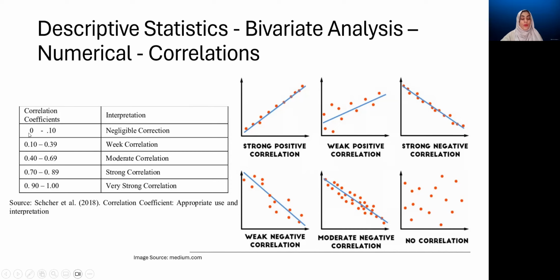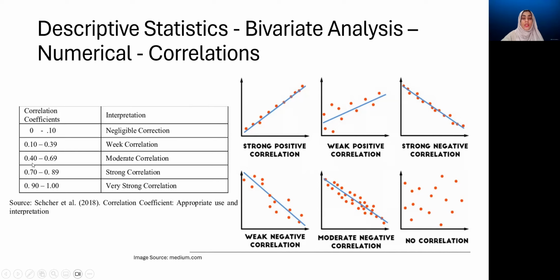If you look at this table, you will find the guidelines for strong and weak correlations. If you have values of correlation coefficients ranging from 0 to 0.1, this is a negligible or non-existent correlation. If the values are in this range, 0.1 till 0.39, this represents a weak correlation. And also please note that these are the absolute values. If it is -0.1 till -0.39, it is a weak negative correlation, and otherwise it is positive.